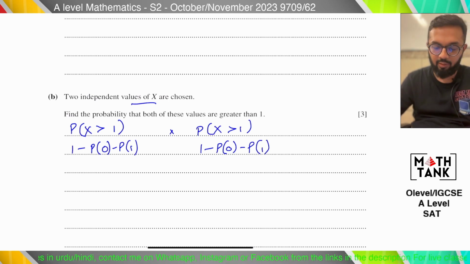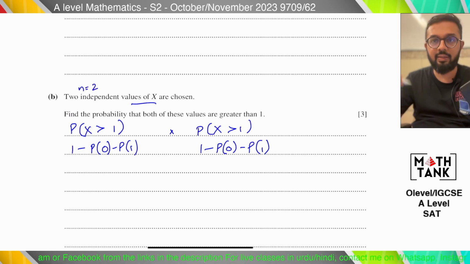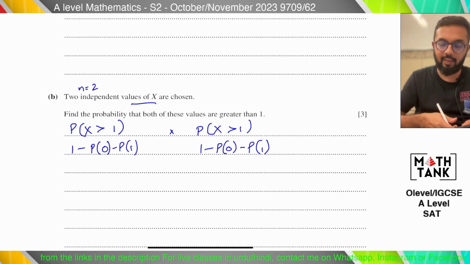Two independent values, you could do this with binomial and say this is n equals 2 and this is what my success is, and then calculate the probability of two successes.